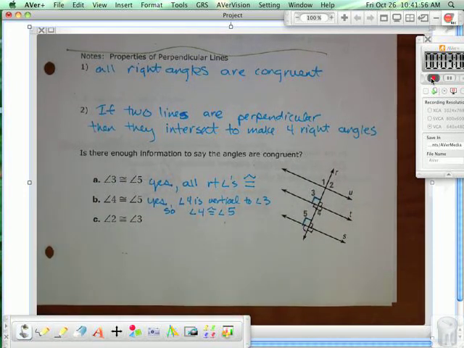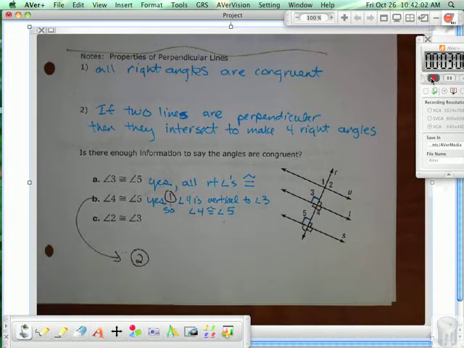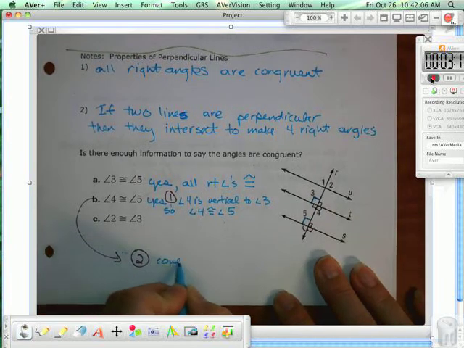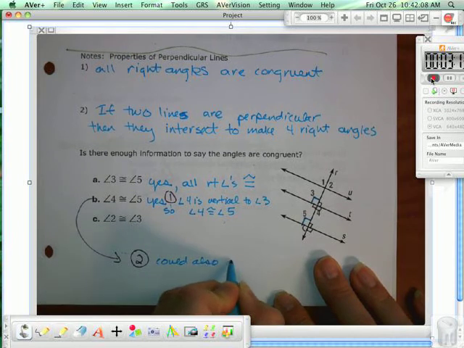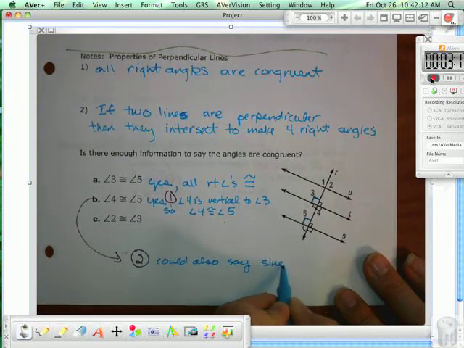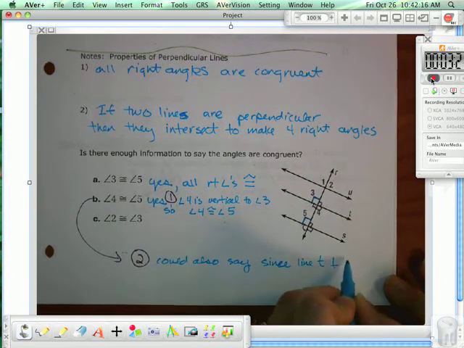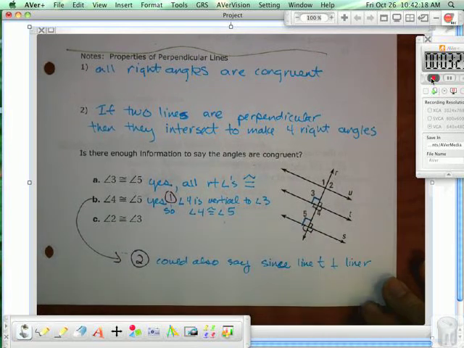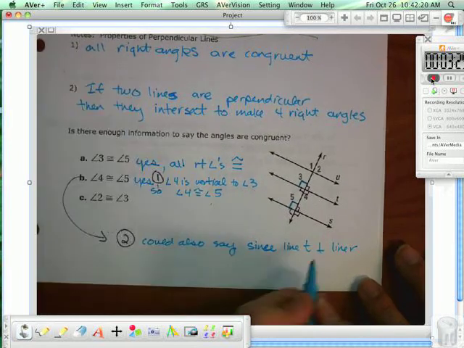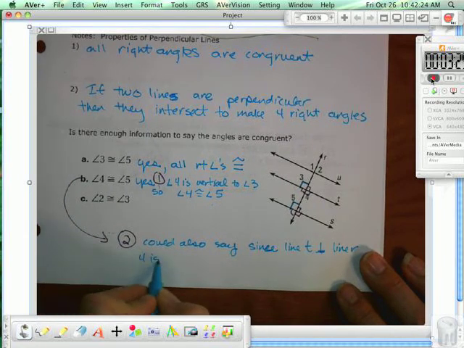That's one reason. What's the other reason? Then I want you to come down here and write the other reason based on perpendicular lines. We could also say, since line T is perpendicular to line R, angle 4 is a right angle.